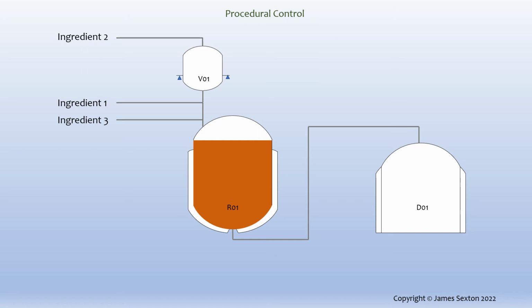Typically, a procedural control element will be adapted with process parameters to achieve different specific targets. That makes it useful whatever process is executing.